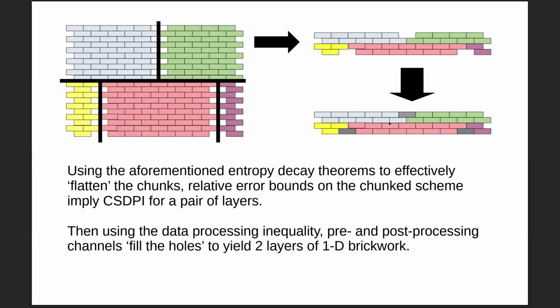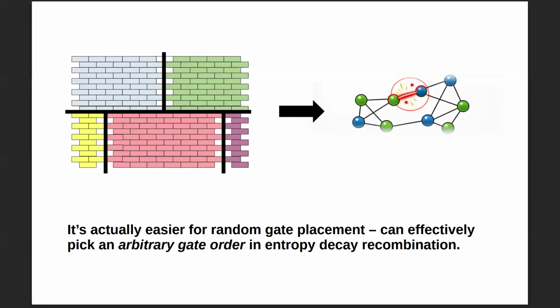We can fill in the holes, and we can get back to one-dimensional brickwork. It turns out this is in some ways more immediate if you're looking at the random gates model. I'm not going to go into much detail there, but if the gate placements are random, you can effectively just pick an order and therefore jump to whatever structured scheme you like pretty quickly.